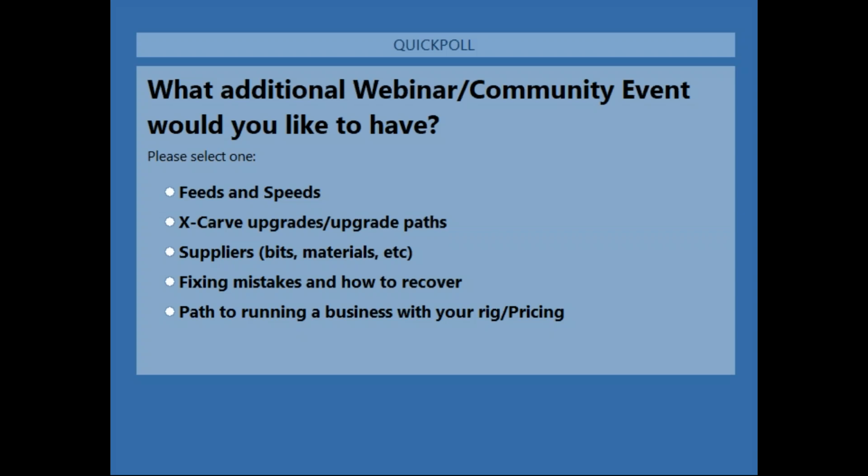So about half of you have voted. Let's get a couple more on here, and then looks like feeds and speeds and running your business. No, actually, suppliers, bits, materials. That'll be a good one because I still want to know what people are using out there.